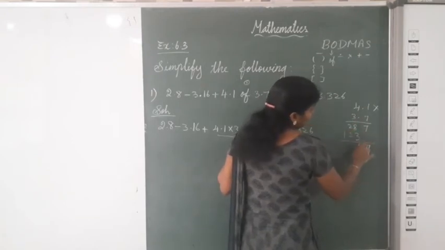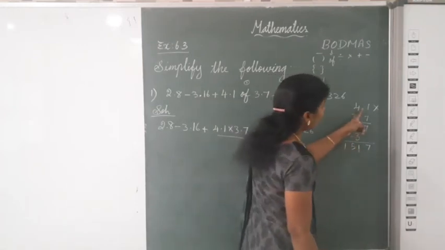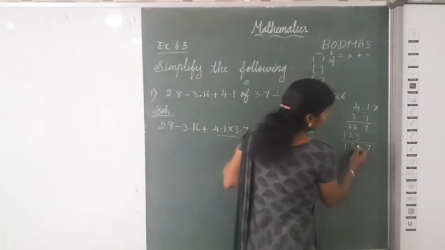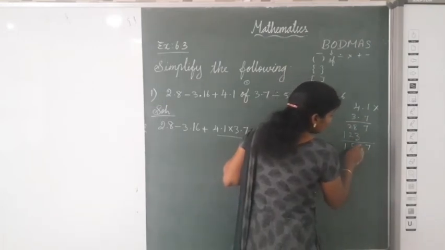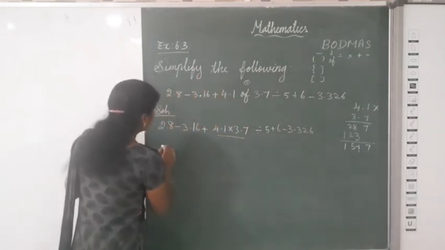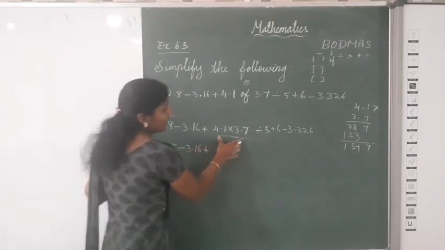Add: 11, 1 balance 5, 1. Where do we put the decimal point? After the decimal point we have two digits, 1 and 2, so after these 2 digits we put the decimal point. So 2.8 minus 3.16 plus, what's the answer?